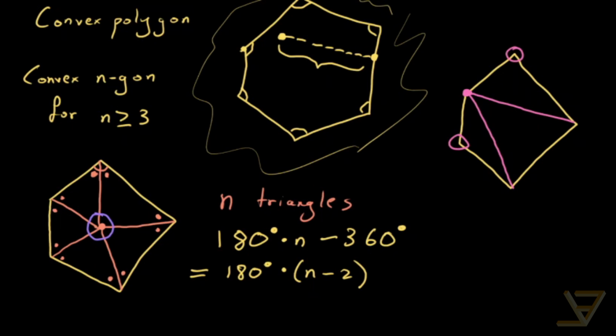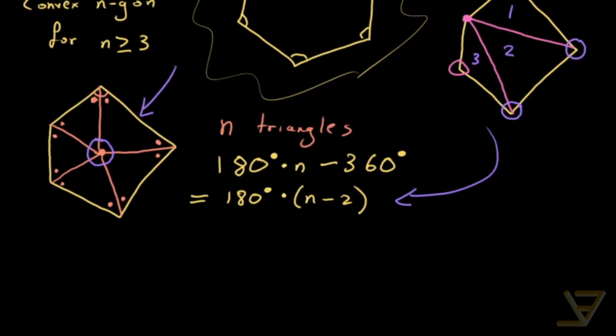But we have n minus 3 other vertices, and that creates n minus 2 triangles. So we have 1, 2, and 3. So that once again gives us 180 degrees times n minus 2. So that's a different method, but I prefer the first one.